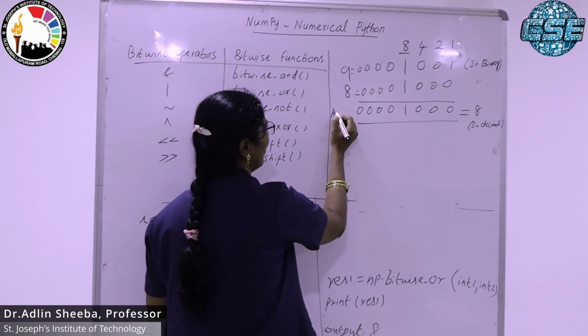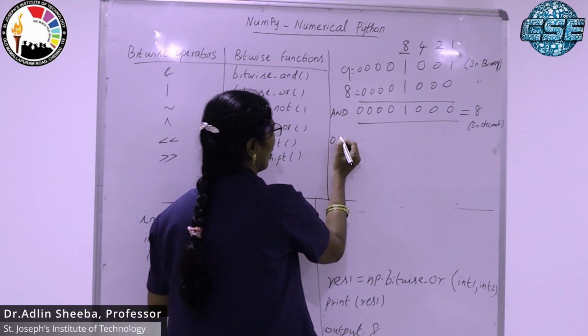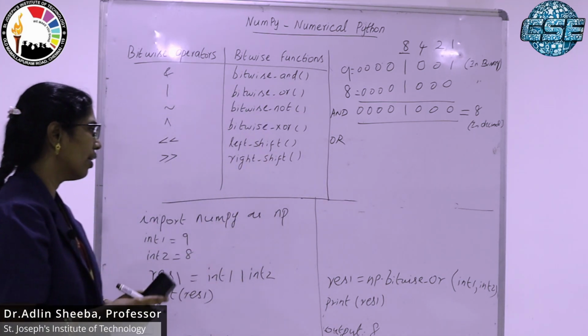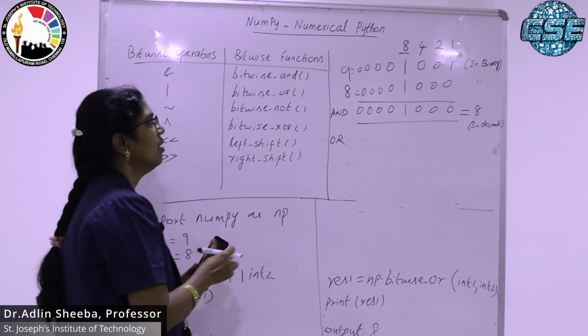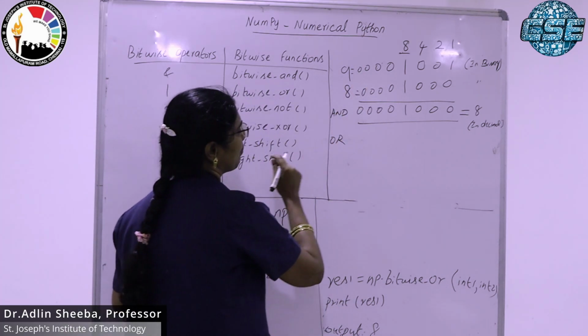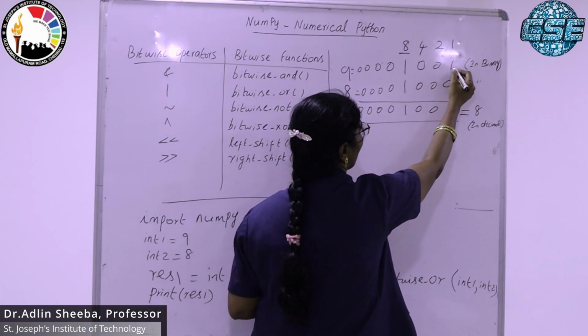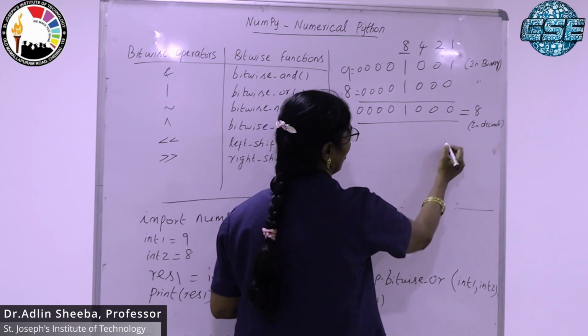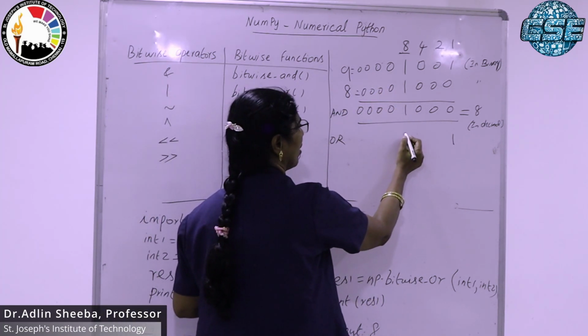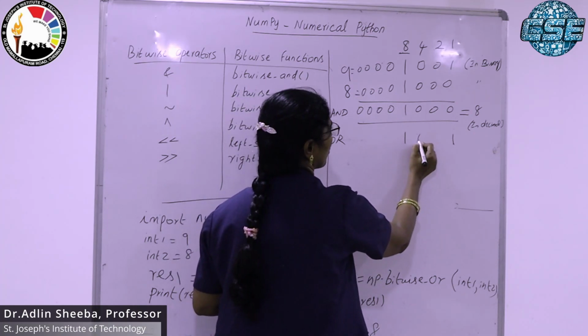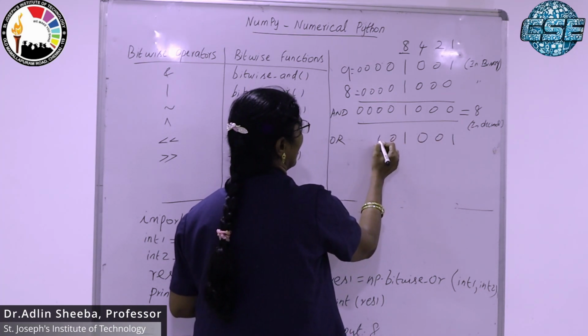This is the result of the AND operation. Now we are going to perform the OR operation for the same two numbers, 9 and 8. Here one of the values is 1, so the output is 1. Here also one value is 1, so the output is 1. The remaining values are 0.